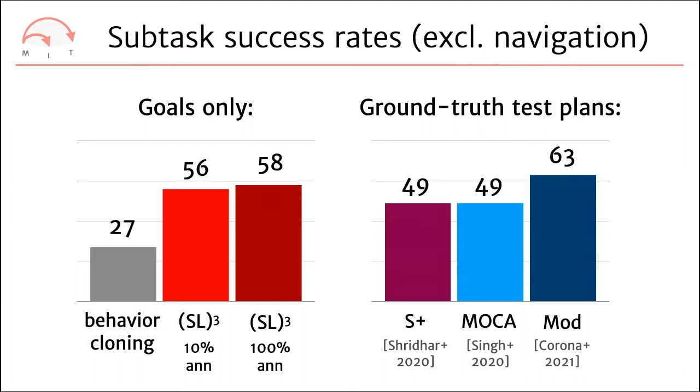And in particular, if we compare this model to existing work on a much easier version of this task, these blue and purple bars, where we assume that we have access to full, detailed ground truth plan specifications for all of our training examples, and ground truth plans at test time, detailed instructions, we actually match several state-of-the-art approaches here.